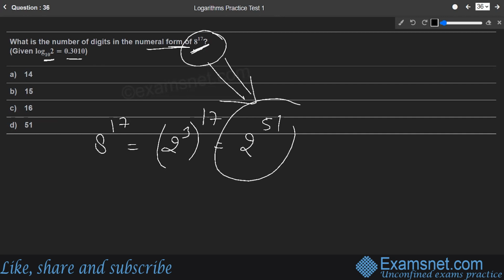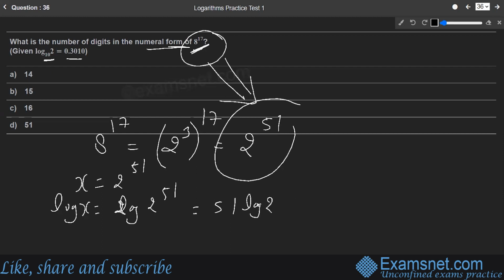For that we have a method. What is that method? Let x equal to 2 to the power 51. Taking log on both sides, it becomes log x is equal to log of 2 to the power 51. We can use a property here which gives 51 log 2. Which property has been used here? Log m to the power n is n log m.